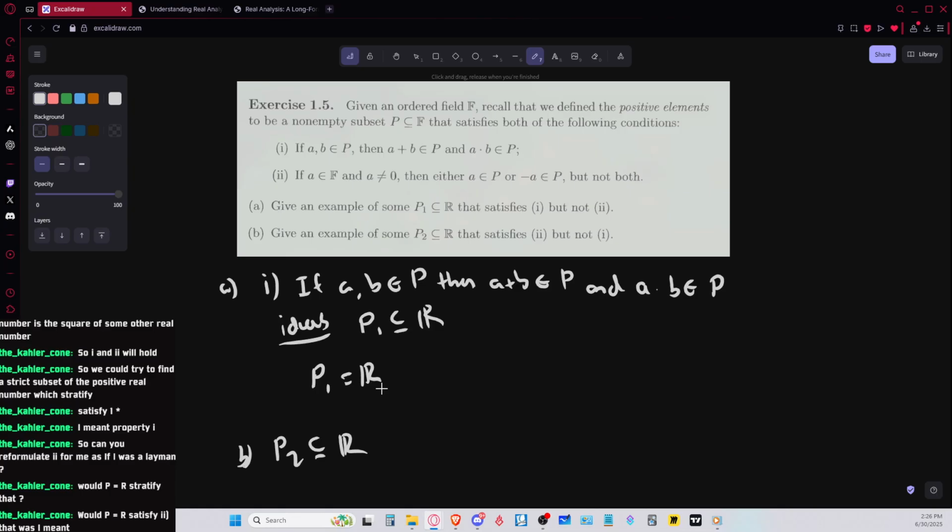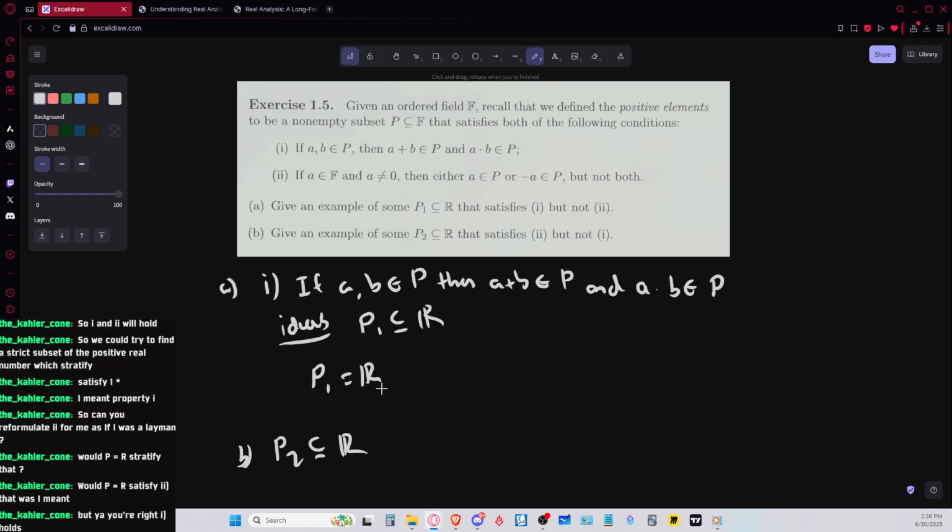I think it satisfies 1, for P1 to equal R, because both A and negative A would have to be in the set. So number 2 doesn't hold in this case, because the real numbers have to contain both of these.